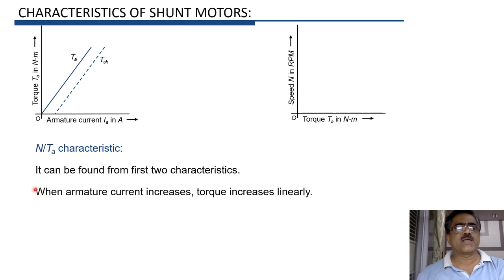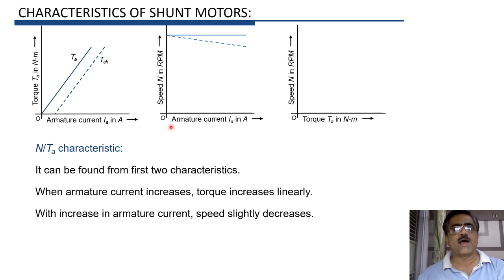Here, the first characteristic is between torque and armature current. When armature current increases, torque increases, and the increase in torque is linear. And the second characteristic is between speed and armature current.